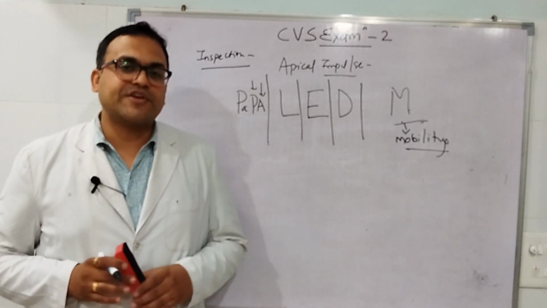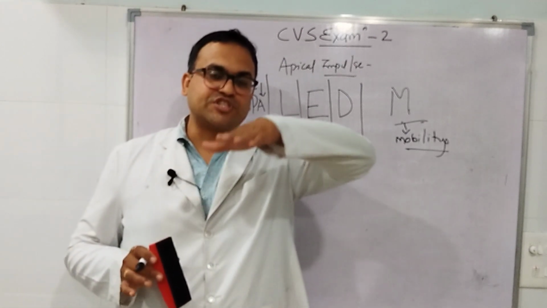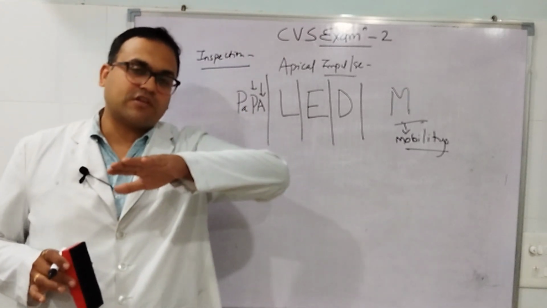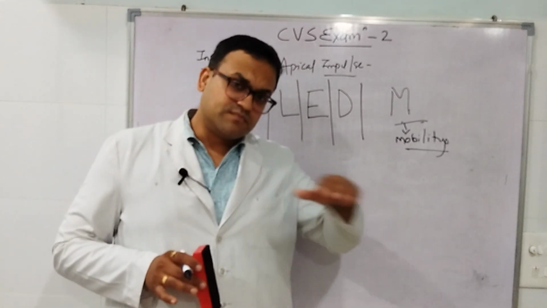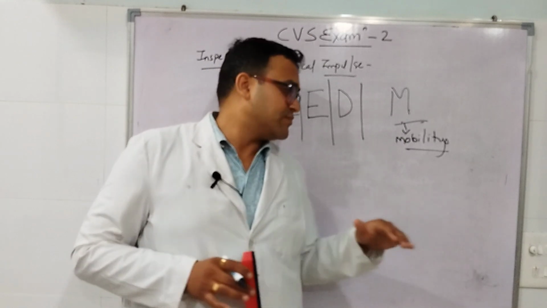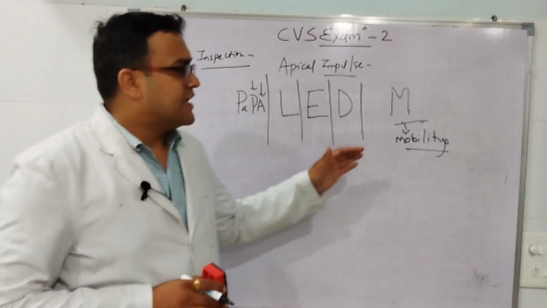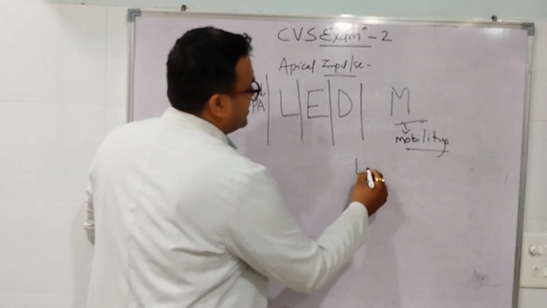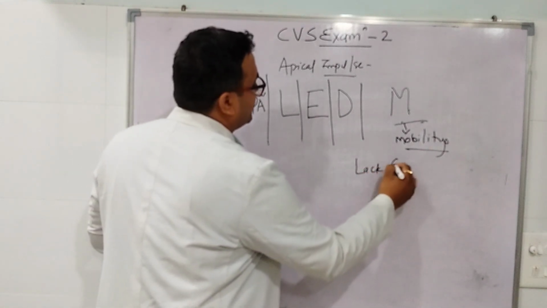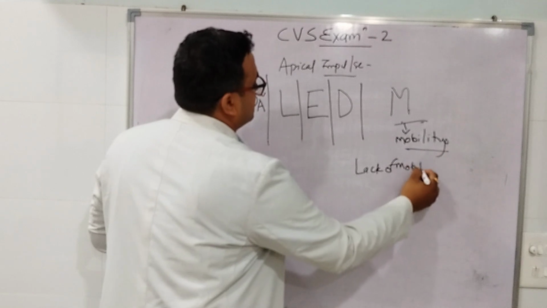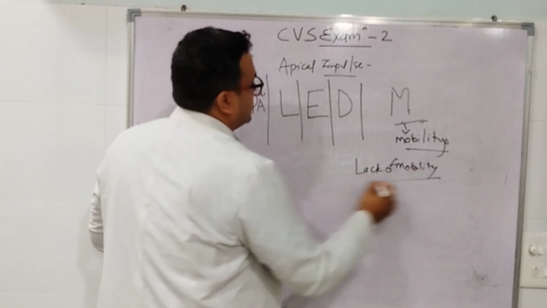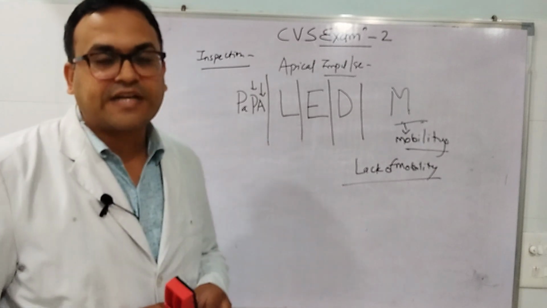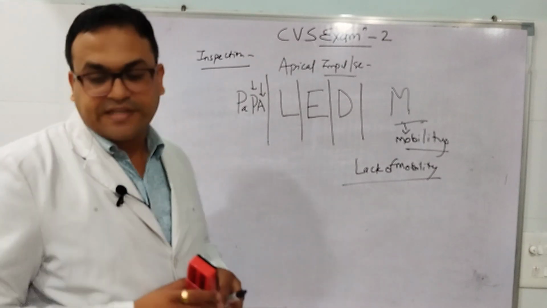Like if the patient changes position from supine to left lateral position, then the apical impulse will also be shifted more outwards. If there is lack of mobility, then this signifies fibrotic pericardium or adherent pericardium.